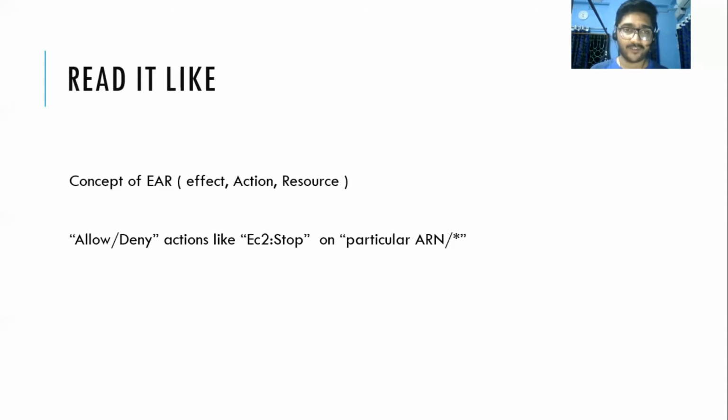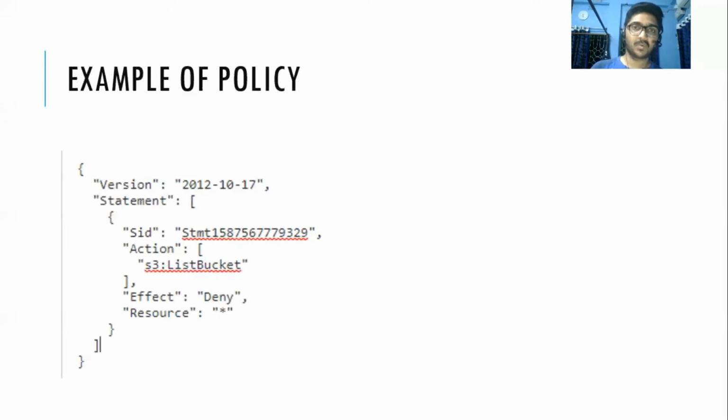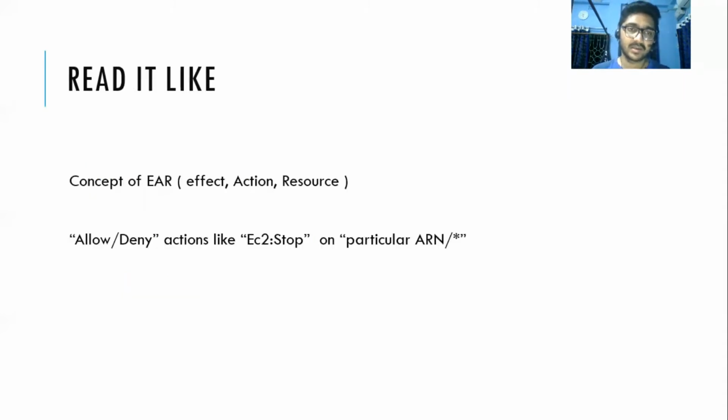What is the effect? Effect can be allow or deny. If I have to say this policy in a single line, the statement should look something like this: allow or deny actions like EC2 stop or S3 list bucket, on a particular ARN or resource ID, or on all of the objects.